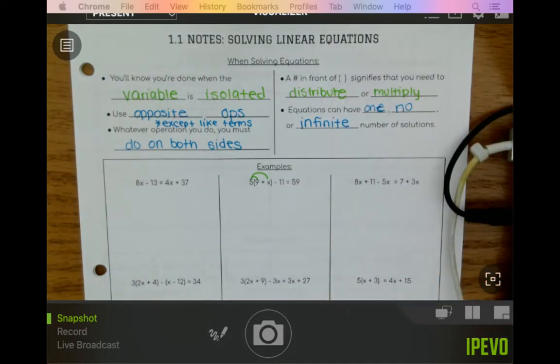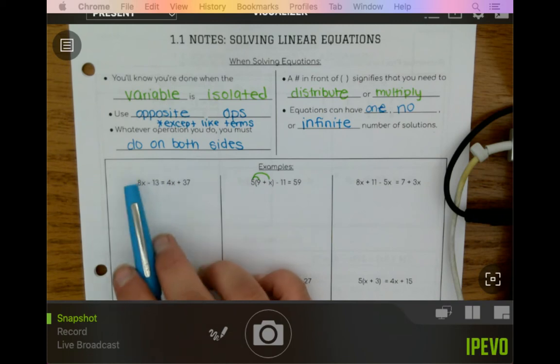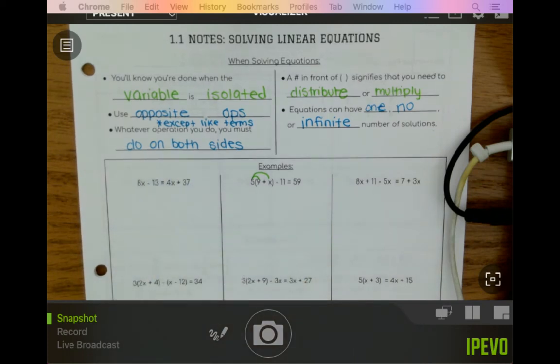We will never write one solution as our answer, like the words one solution, because instead of telling me one solution, I want you to tell me what that one solution is. So when you say things like x equals 3, that's telling me there's one solution and that solution is 3. Keep in mind that we're really just looking for what number goes in for this letter here and here, so that whatever is over here actually equals whatever is over here.